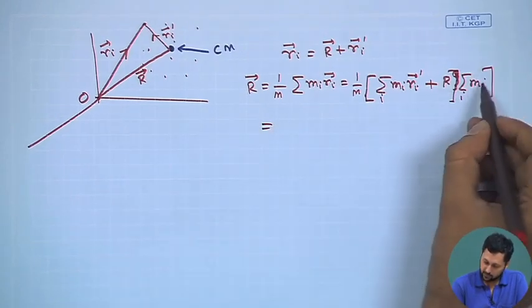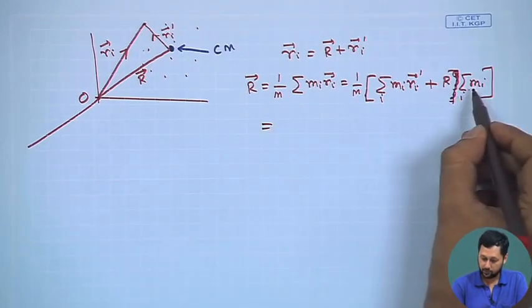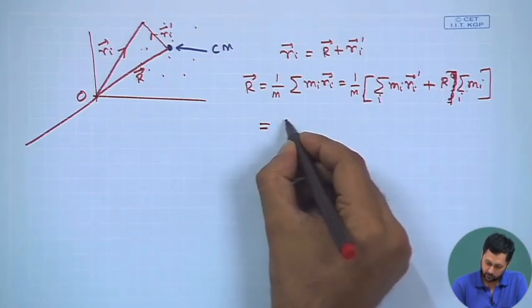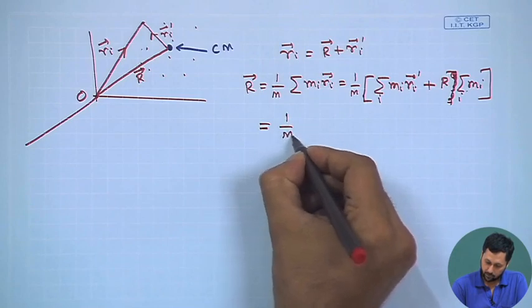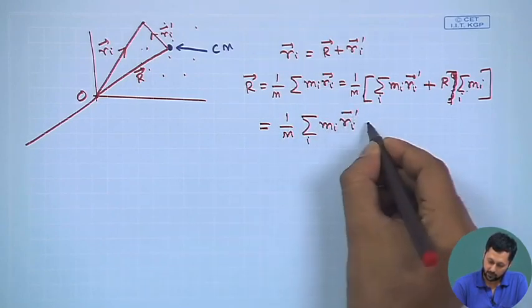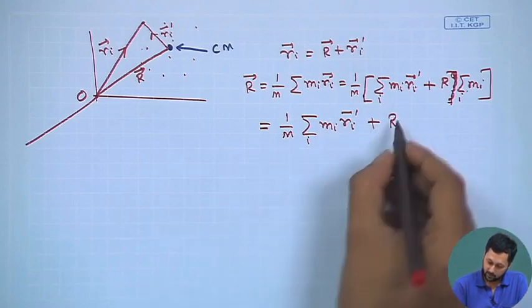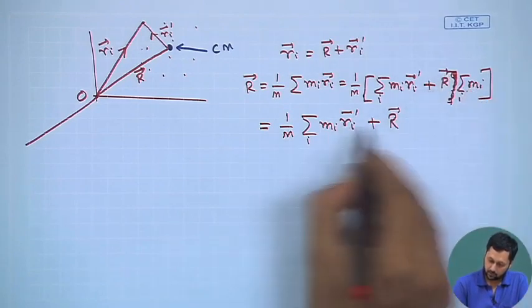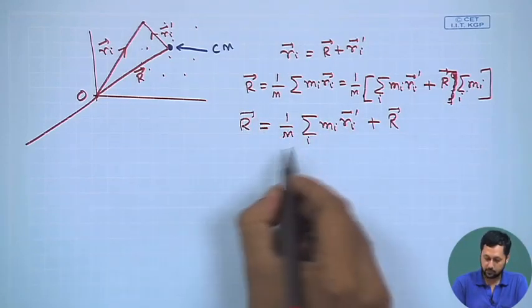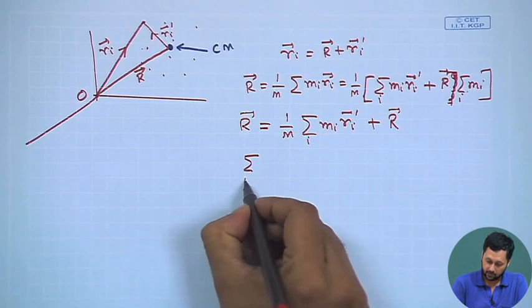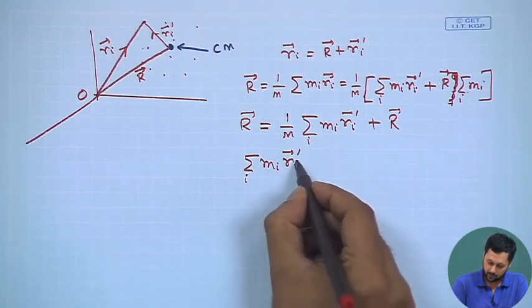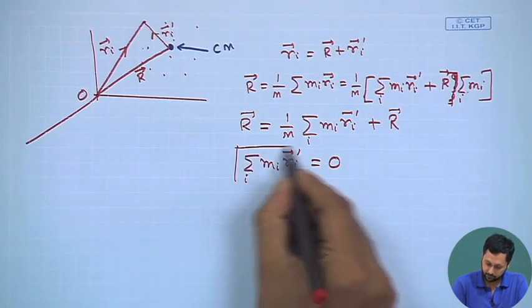Now, the second term will simply give you the total mass. So, if you open the bracket, the first term will be 1 over M sum over i m_i r_i prime plus R. So, from this equation, what we can infer is sum over i m_i r_i prime is equal to 0.